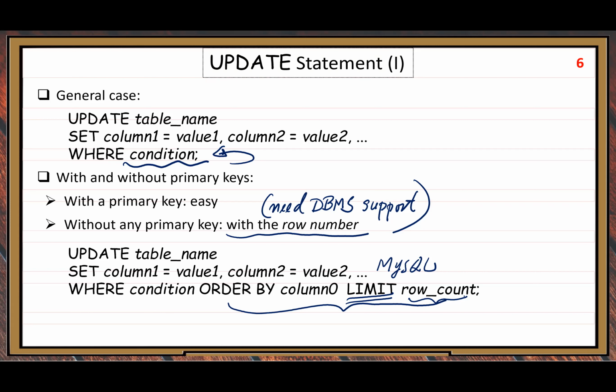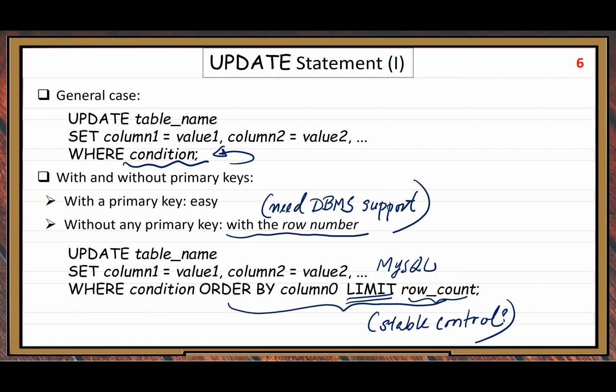That question you need to answer. Is it a stable control? You need to really do some examination here. Otherwise, you will update the wrong row. That will be a disaster. You ruin your data, and that will be a big problem.